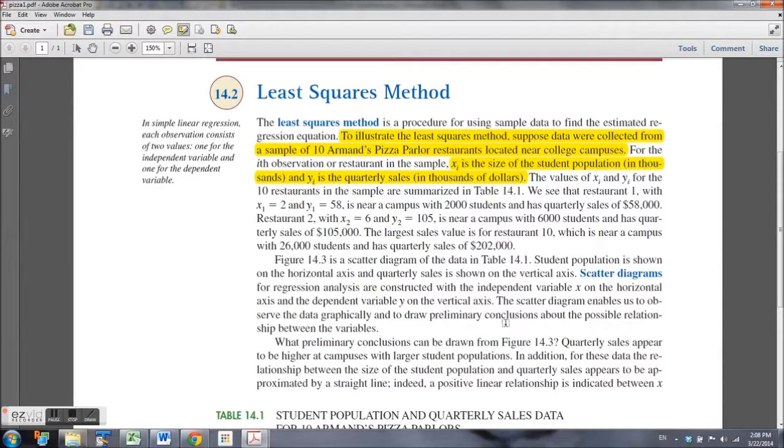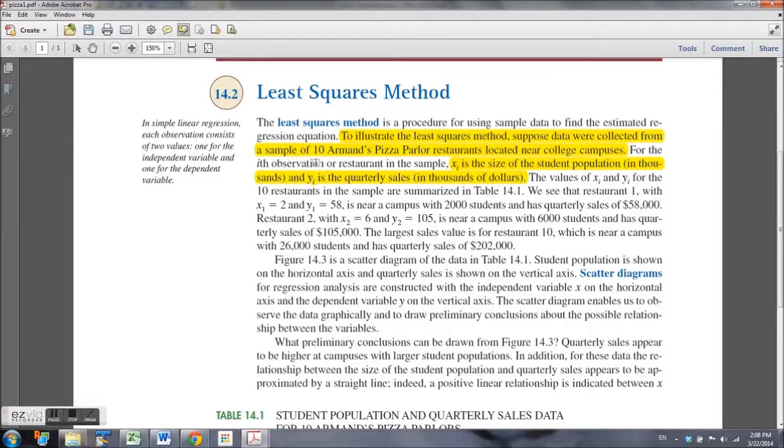To illustrate the regression equation, let us assume that we have a pizza company with pizza restaurants near college campuses. They want to estimate what the quarterly sales of pizza will be based on the student population in the campuses.